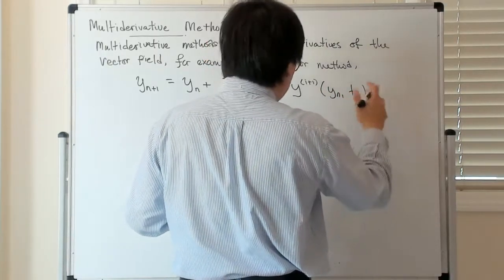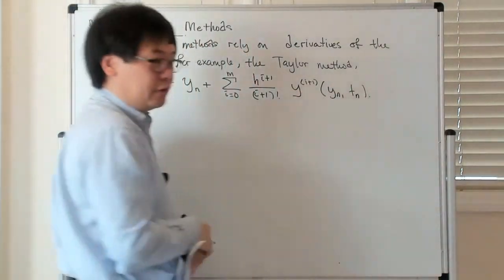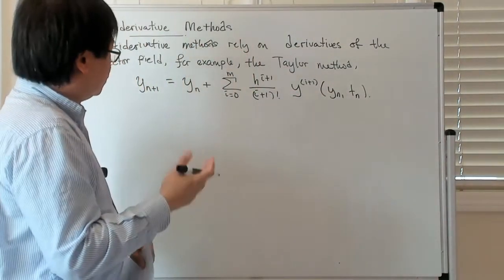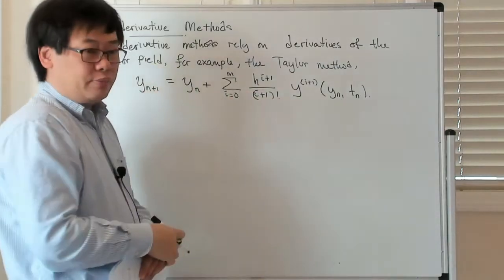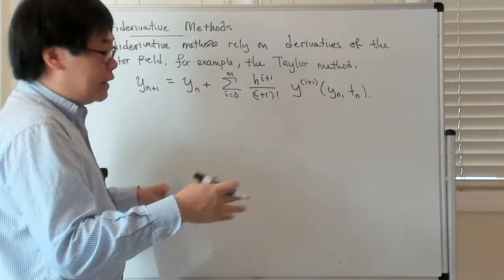Okay, and then there's an error, which has to do with the truncation error of the Taylor series. So, but nevertheless, you can construct an approximation just looking at the Taylor expansion and then truncating this.